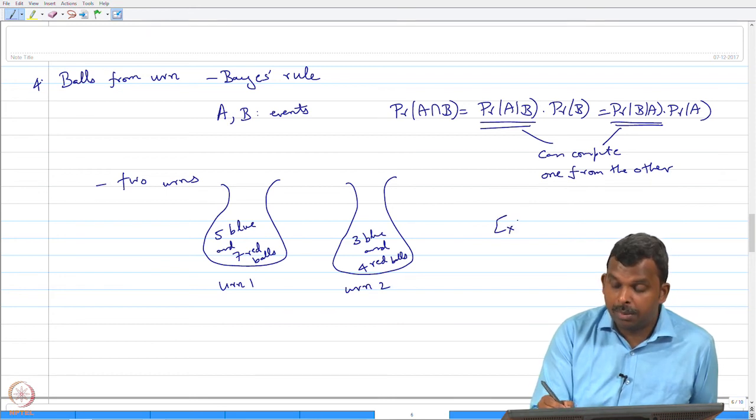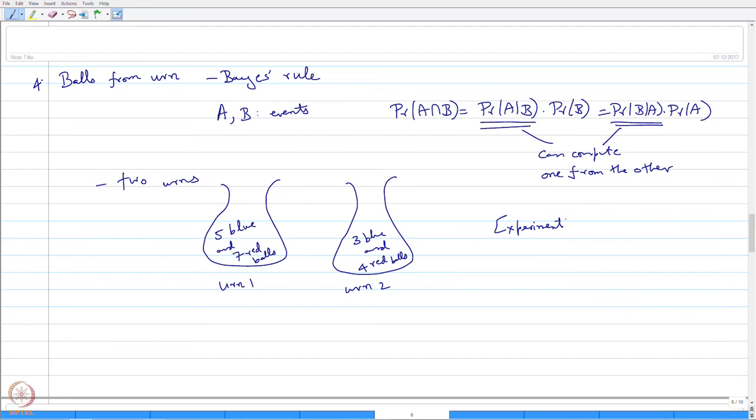So, what is my experiment? There are two steps in the experiment. You pick one of the two urns uniformly at random. What does that mean? I pick one of these two urns uniformly at random. So, I pick urn 1 with probability half, urn 2 with probability half. If you want, you can write that down here.